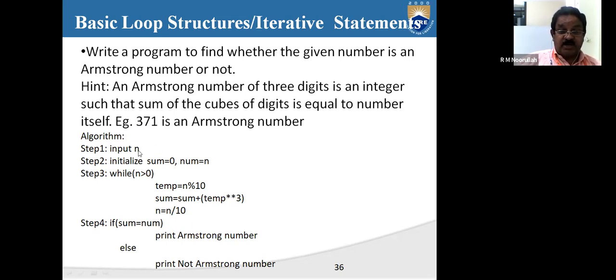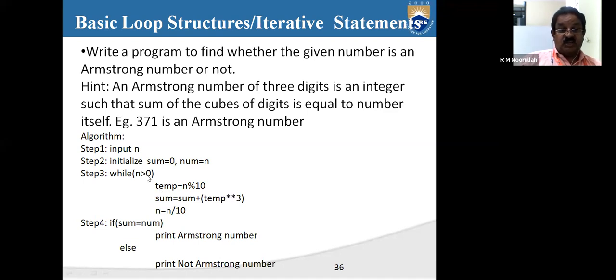Your entered number is n, and you are assigning it to num, right? Then you use while the given number is greater than 0. Here we check whether the entered number is greater than 0. Yes, then you calculate temp equals n mod 10. Say for example, now you have entered 371.